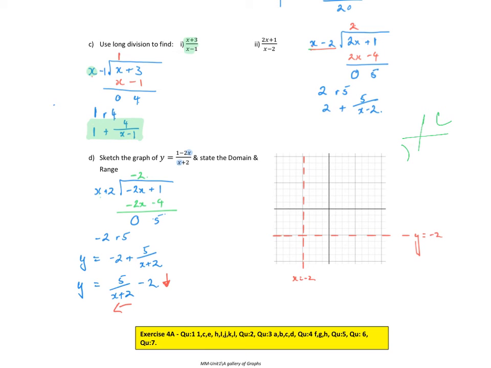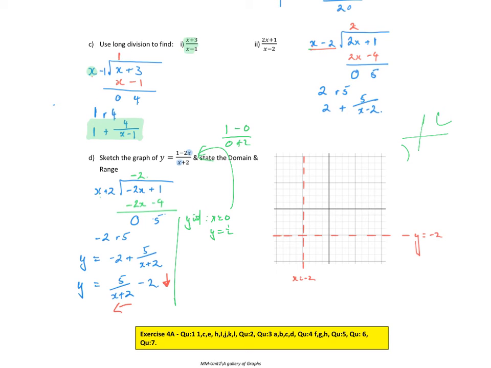Let's get at least one intercept. If I put x equal to 0, the y-intercept, I could do it there and I'll get 1 minus 0 over 0 plus 2, so y is equal to a half.